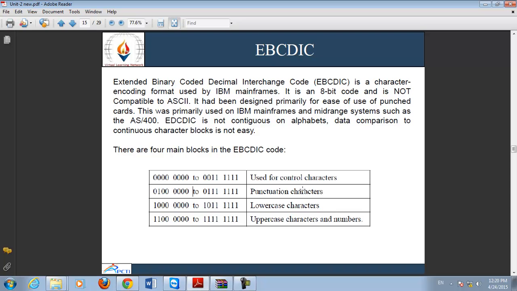From small a to small z, the codes 97 to 122 are assigned. In case of EBCDIC, the codes are non-contiguous for alphabets. It means, for example, you can take A to H, and then the EBCDIC codes are specially designed from I to K. The codes may be different, meaning there is non-contiguous allocation of codes for the alphabets in EBCDIC, and it is mainly used for IBM mainframes.